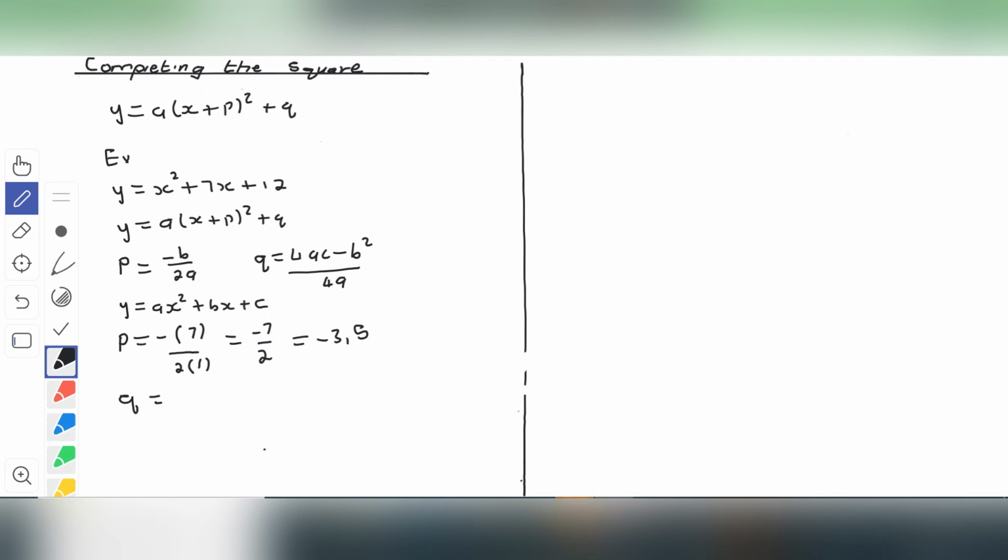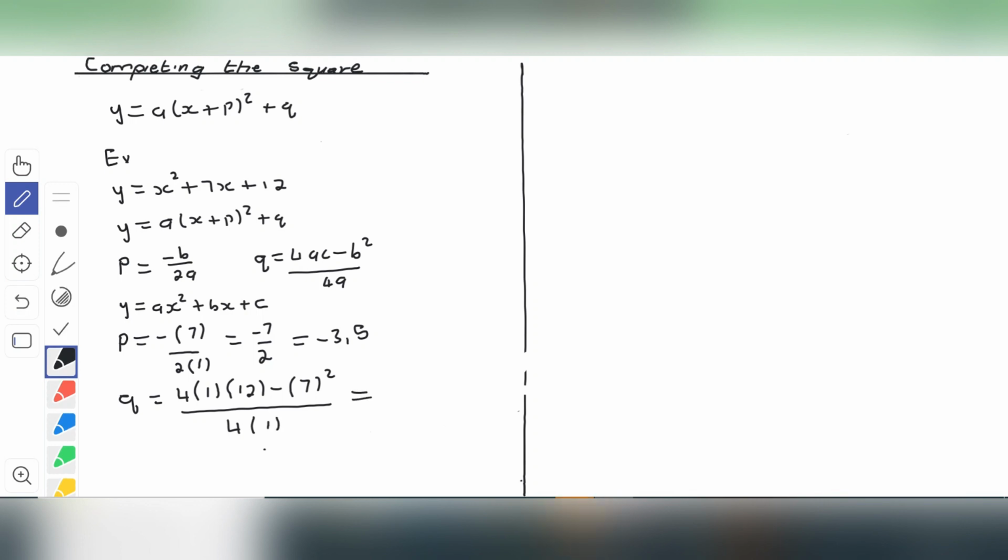Now we are calculating q. The formula for calculating q is 4 into a, which is 1, the coefficient of x squared, into c, which is the constant number, 12, minus b, which is the coefficient of x, 7, all squared, divided by 4 into a, which is 1.